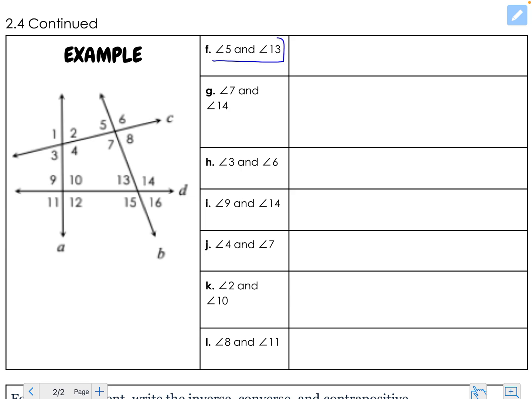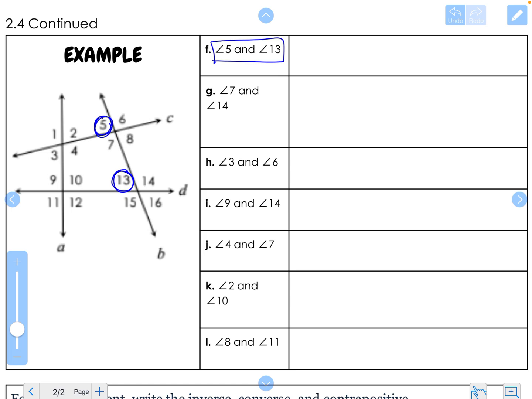So if we have 5 and 13, I need to find angle 5, I need to find angle 13. What I need to first identify is what is my transversal. The transversal is going to be the line that crosses two lines.